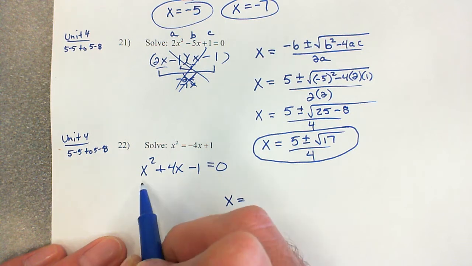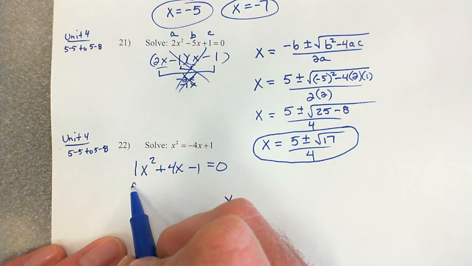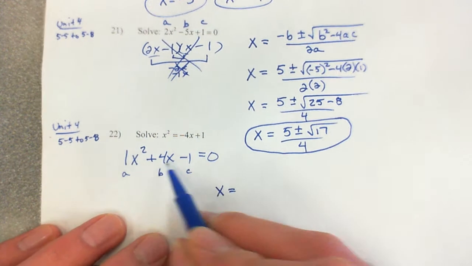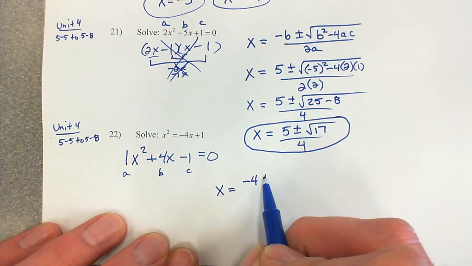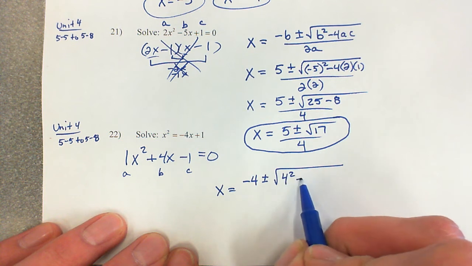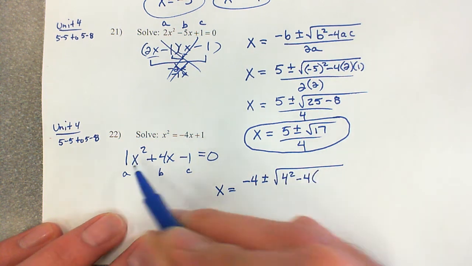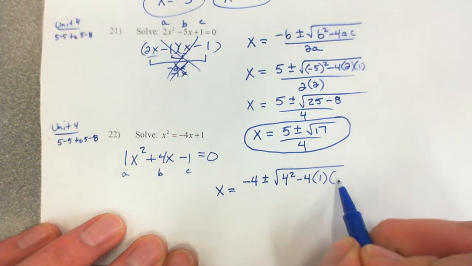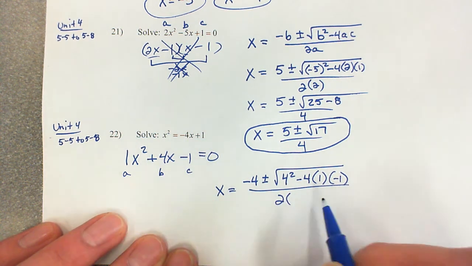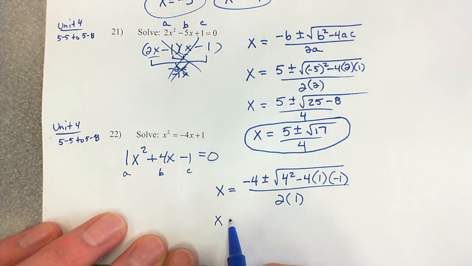So in this case, x equals, this is 1 here, so that's your a, here's your b, there's your c. So opposite of b in this case is negative 4, plus or minus the square root of 4 squared minus 4 times a, which is 1, times c, which is negative 1, all over 2 times a, which is 1.